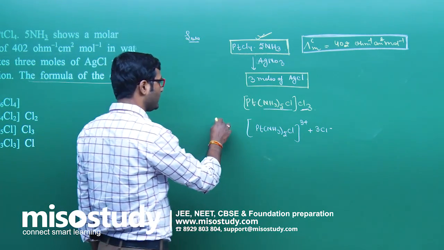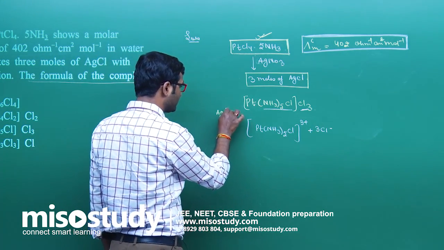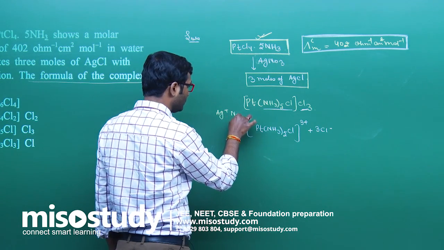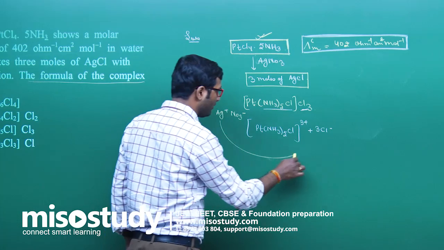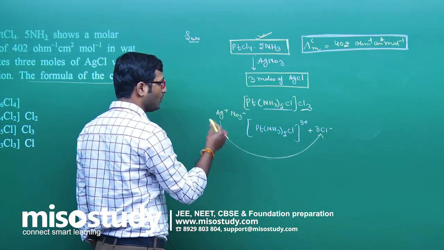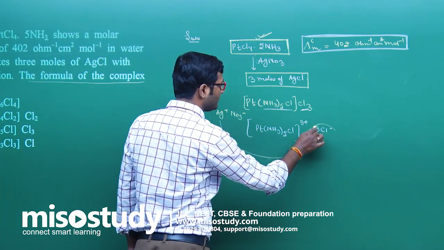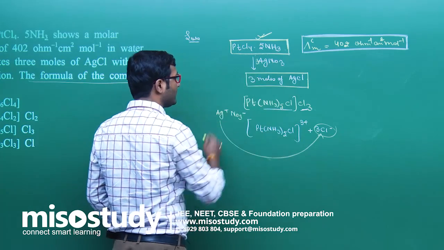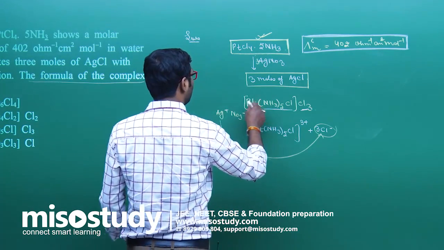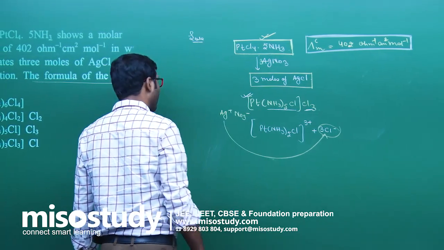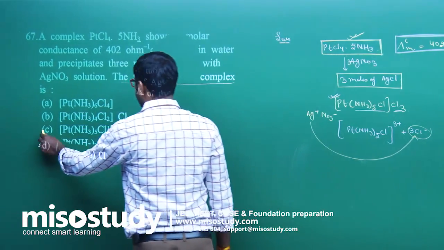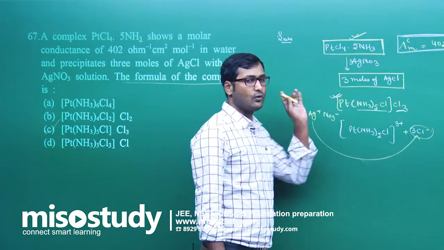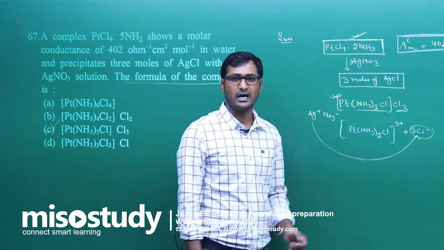When treated with AgNO3 solution, Ag plus and NO3 minus, the Ag plus will combine with Cl minus and form AgCl. So 3 moles, because there are 3 chlorines. So the formula of the compound is [Pt(NH3)5Cl]Cl3. For this question, we can easily predict that C is the correct option.